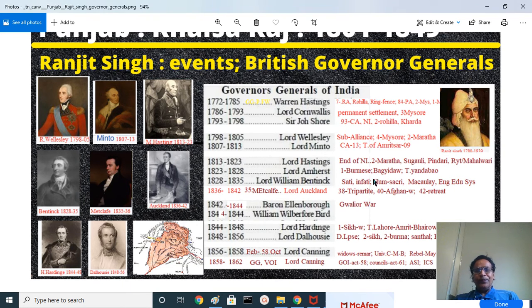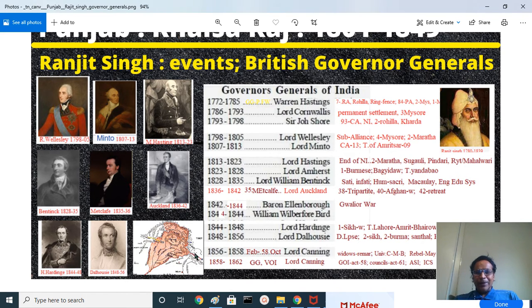So when he started, the Sikh rulers and other local small kingdoms asked for the protection of the East India Company, and Governor-General Lord Minto sent a powerful army under Ochterlony. At the same time, he sent a diplomat called Charles Metcalfe. Charles Metcalfe met Maharaja Ranjit Singh in Amritsar, and they made the Treaty of Amritsar, 1809. That's the formal treaty between the Maharaja and the British East India Company.